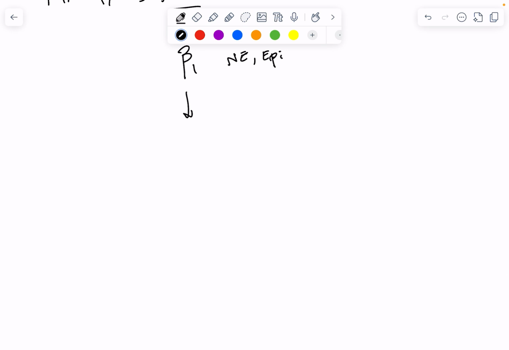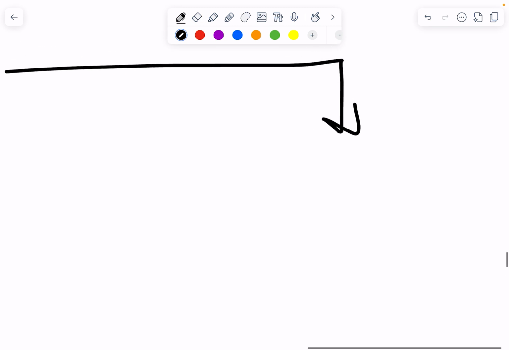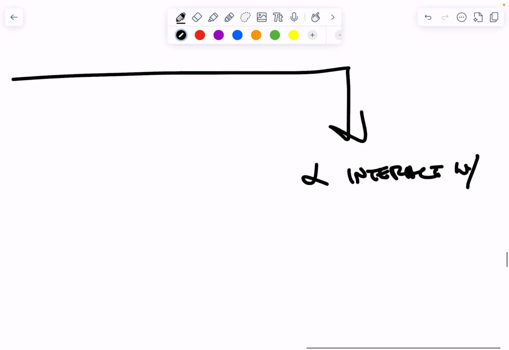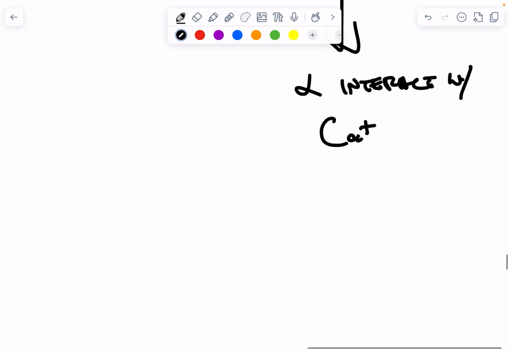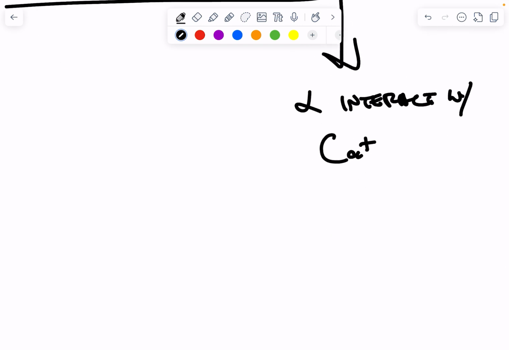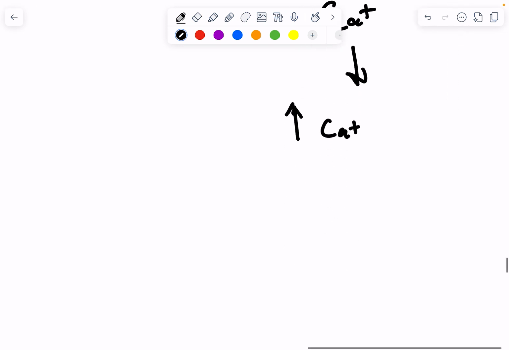When the beta 1 receptor is activated, it activates the alpha subunit of the G protein receptor in the cells. These alpha subunits interact with calcium and increase the opening of these calcium channels.